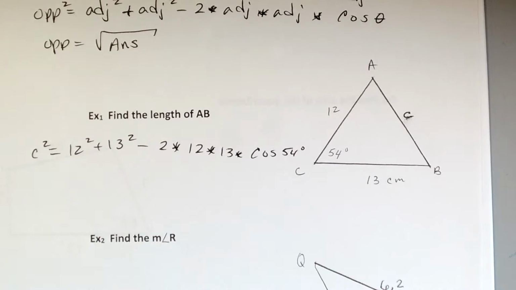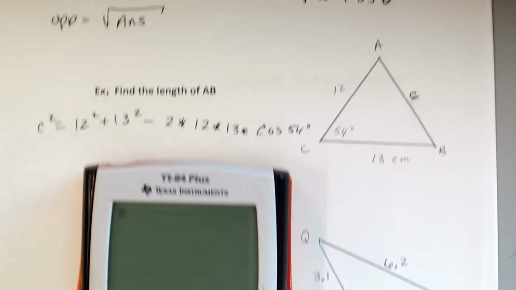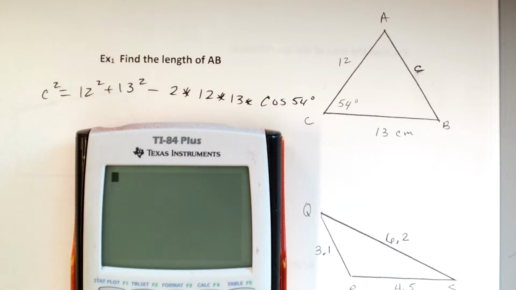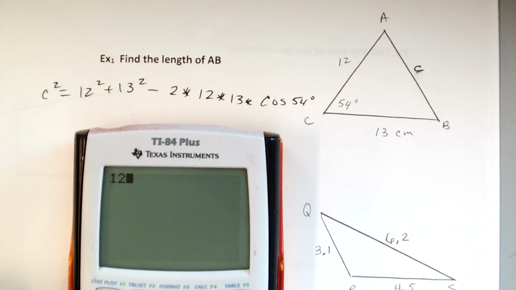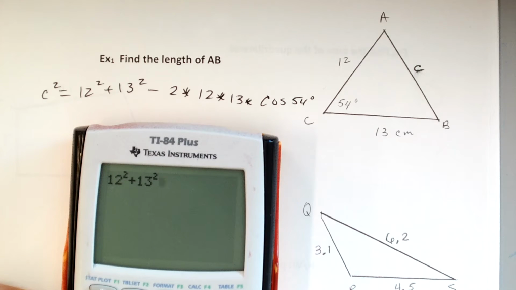It's kind of a long formula, but I'm just going to put the whole thing in my calculator. Then I'll push enter, then I'll push square root. So I'm going to go 12 squared plus 13 squared minus 2 times 12 times 13 times the cosine of 54 degrees.